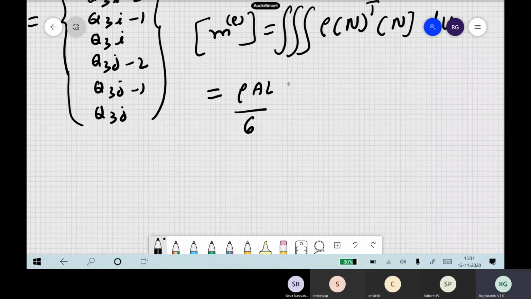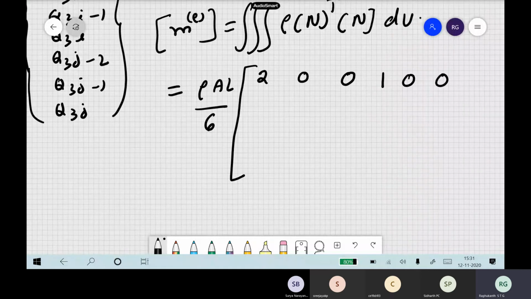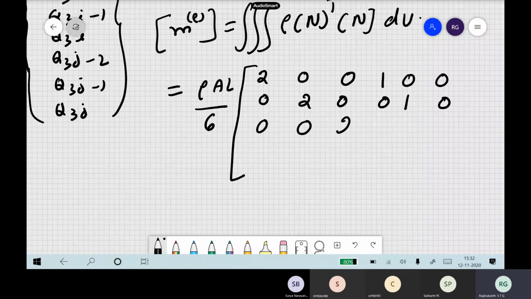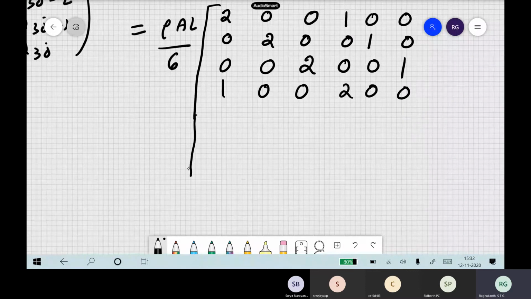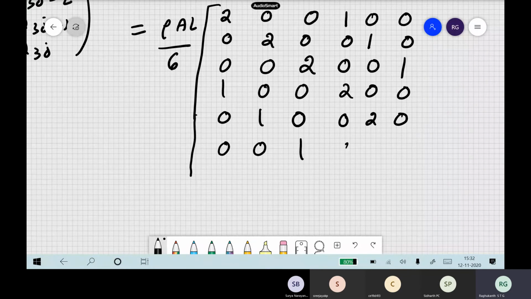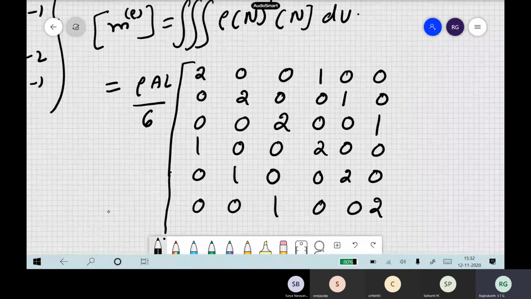You get rho A L by 6 multiplied by the matrix: 2 0 0 1 0 0, then 0 2 0 0 1 0, then 0 0 2 0 0 1, then 1 0 0 2 0 0, then 0 1 0 0 2 0, and then 0 0 1 0 0 2. So this is my mass matrix.